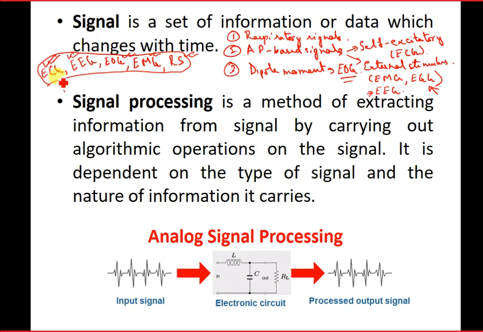By analyzing the ECG signals we can say whether there are any pathophysiological conditions in the atrium or the ventricle, or is there any problem in the conduction from the SA node to the AV node of the heart. Okay, these are some of the examples.